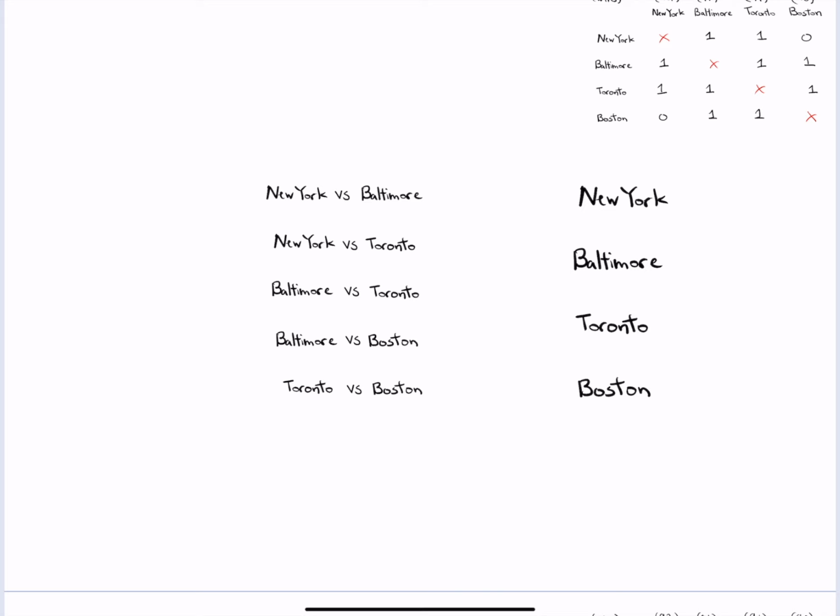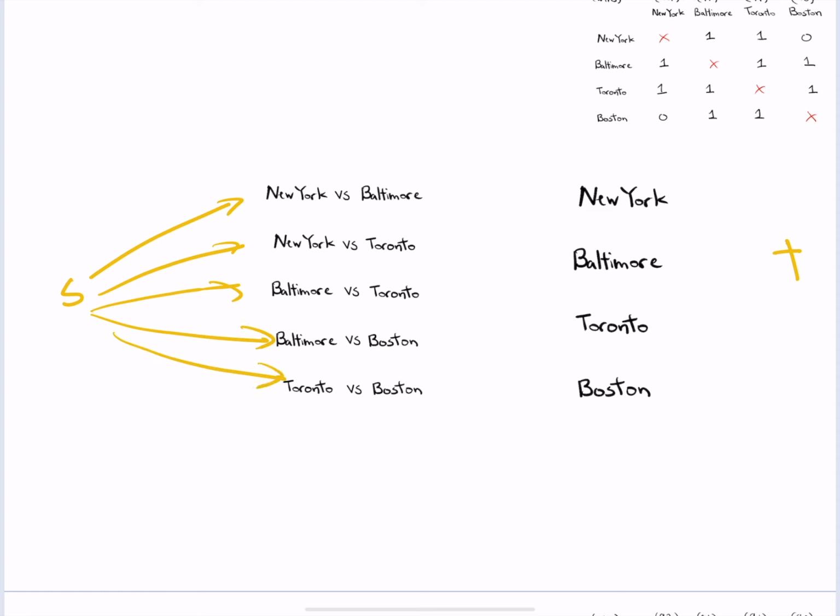All right, here's the idea. We have a source and a sink. What I've done is I made a vertex for every game that's left, and for the teams. I want to think of this as allocating wins. So one unit of flow is like allocating a win.